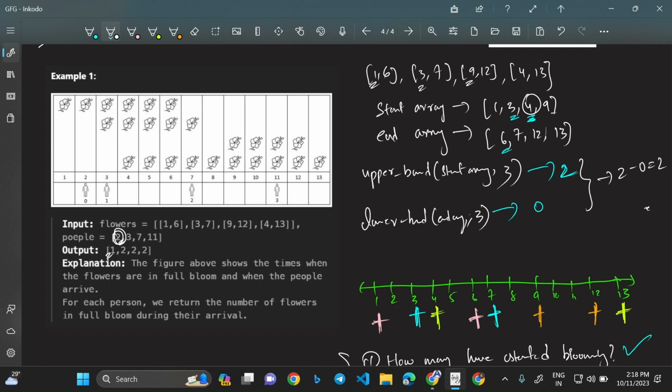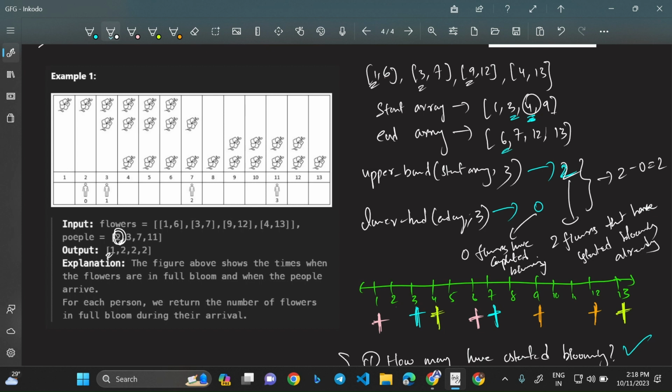So what does this indicate? When upper bound gives the value 2, there are 2 flowers that have started blooming already. And how many flowers have completed blooming? 0 flowers. So there is no flower that has completed blooming.